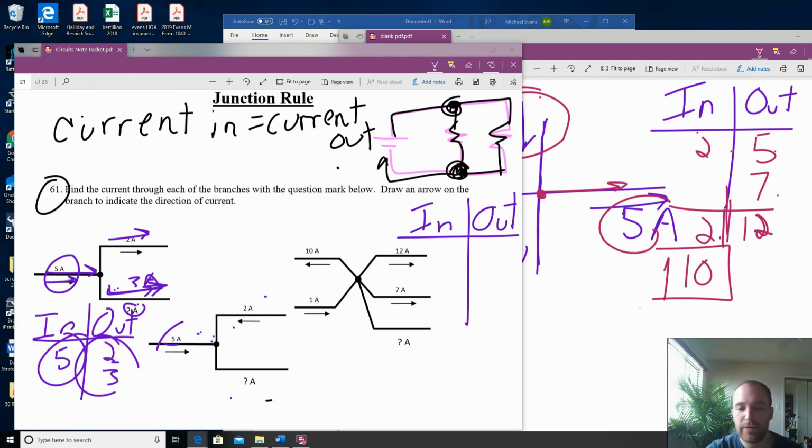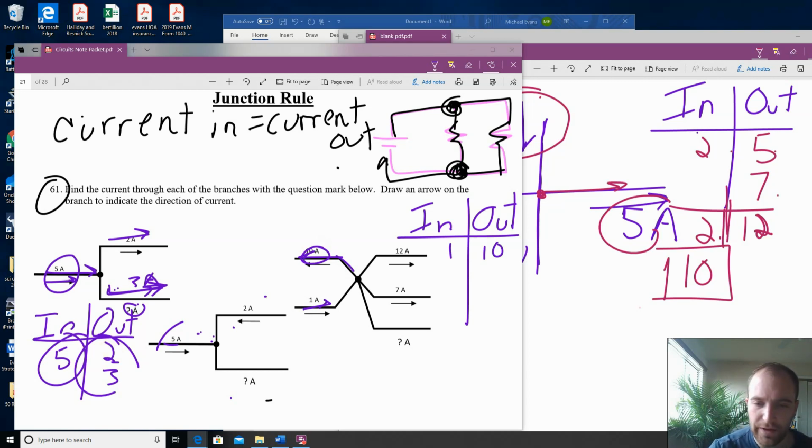Okay, we're just going to go one at a time, and I'm going to circle each of them once we have them listed. So this 10 amps, I'm going to say it's going out, because it's going away from that intersection. So I'm going to put a 10 in this column. I'm going to do this 1. It looks like that's going into the intersection, towards the junction.